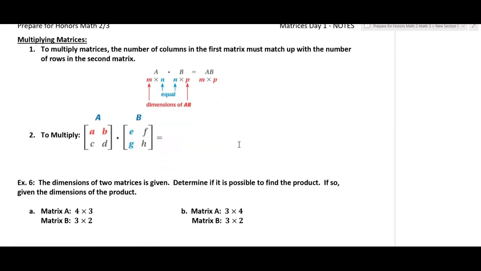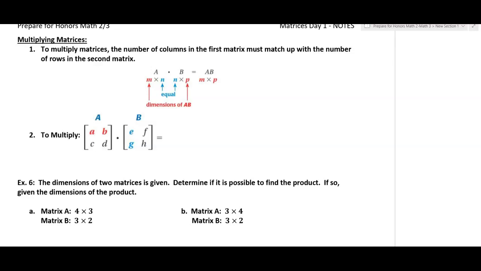Now, multiplying matrices, this gets a little tricky, right? When we multiply matrices, we're basically going to multiply rows by columns. So it says, to multiply matrices, the number of columns in the first matrix must match up with the number of rows in the second matrix.